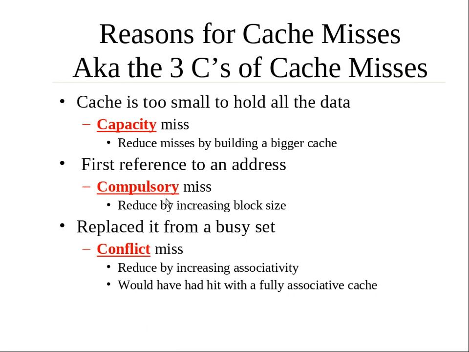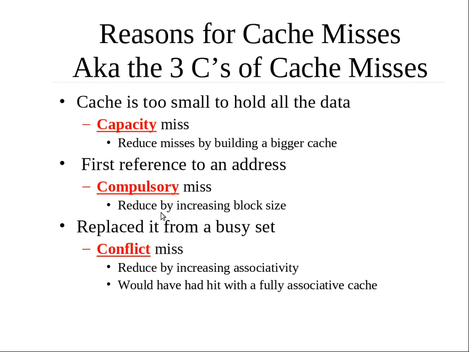Hopefully you can see that these are all at odds with each other or would slow down your cache. For example, capacity miss: the bigger you make your cache, the slower it's going to be. That's why you have an L2 cache. While it's slower, it's also bigger, than an L1 cache, which is smaller.